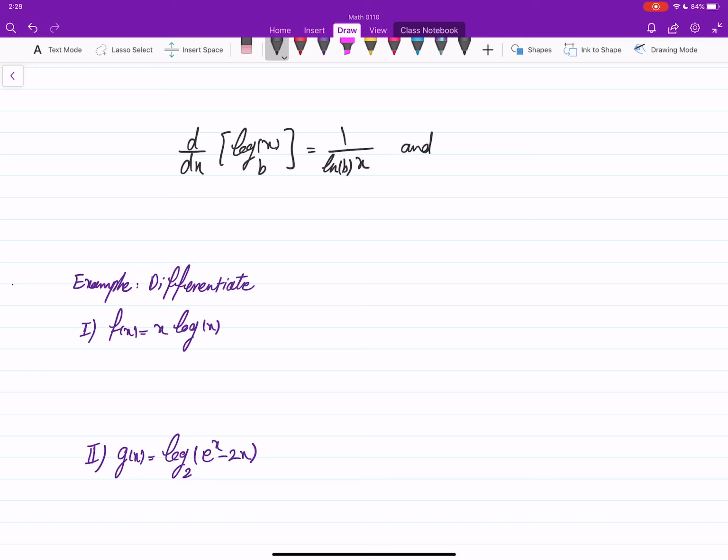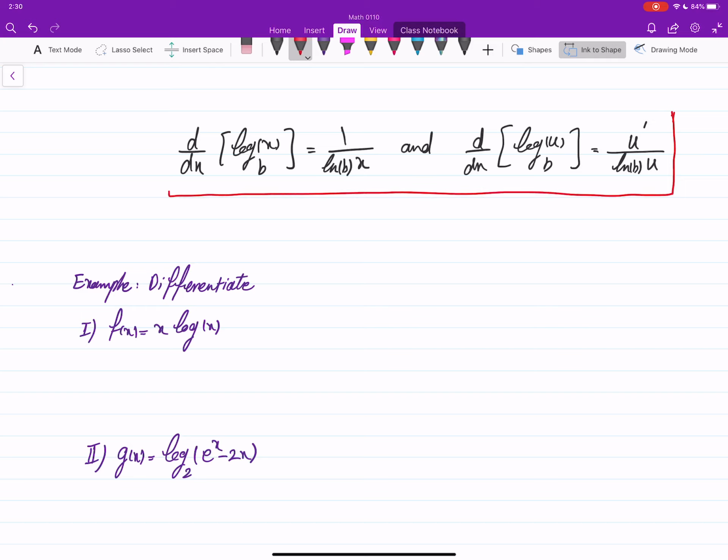And if you apply the chain rule here, you will see that the derivative of log of u base b is going to be u prime over u ln b, so you have to multiply the whole thing by u prime also. So these are the two new tools that we have here.